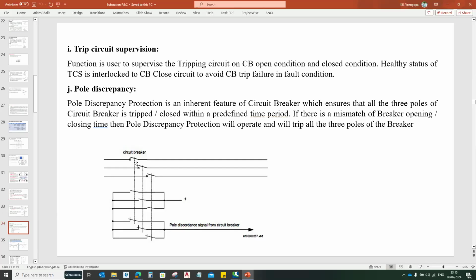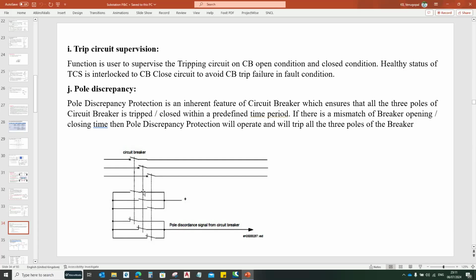Let us assume that the circuit breaker is in closed condition. When the circuit breaker is closed, all these NO contacts will be closed and the NC contacts will be opened. In this condition, positive supply will extend because all these NO contacts are closed, but the supply will not extend further because these three contacts are opened, so your pole discrepancy will not operate.